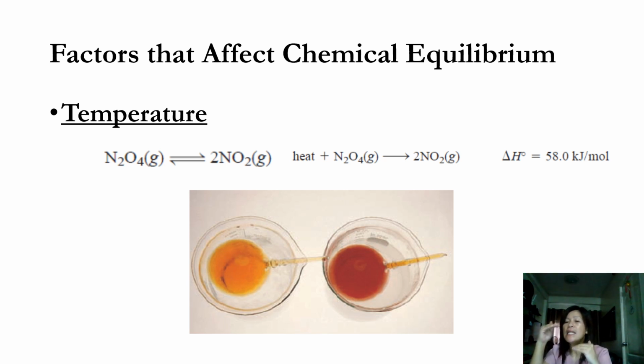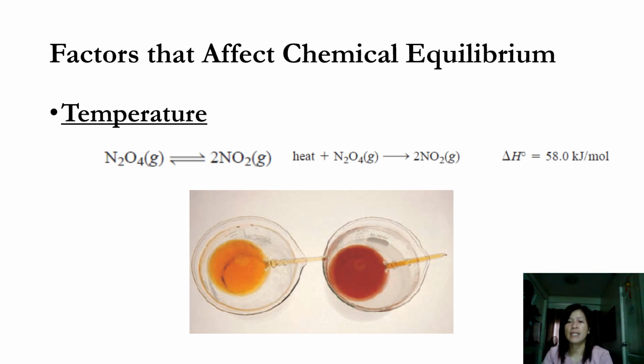Increasing heat means putting stress on the reactant side of the equation. If this is the reactant side, and this is where heat is present in the equation, then you are putting stress on the left side, the reactant side. So for the reactant side to relieve the stress caused by the increase in temperature, equilibrium has to shift forward, towards the product side, in order to re-establish equilibrium.